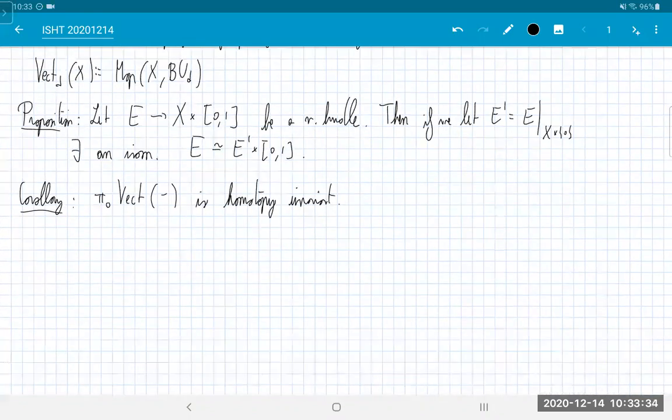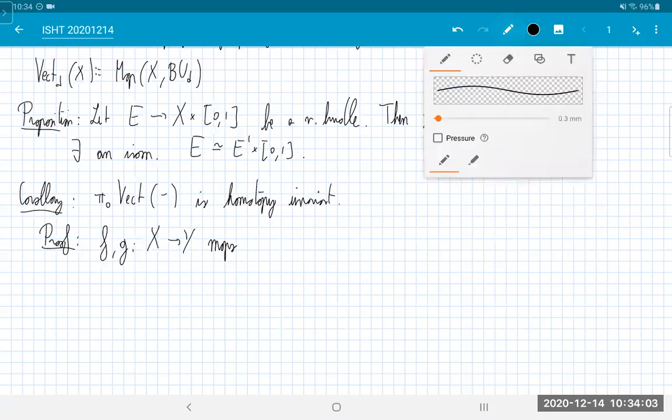And how do you prove it? Well, proof. I want to say that suppose I have f, g from X to Y maps. I didn't define the functoriality though.